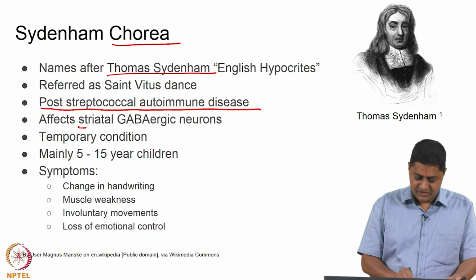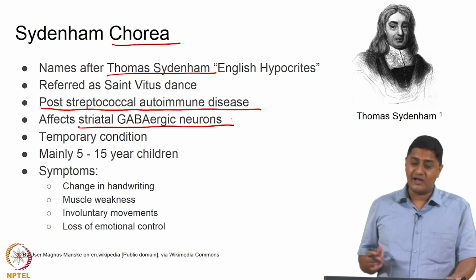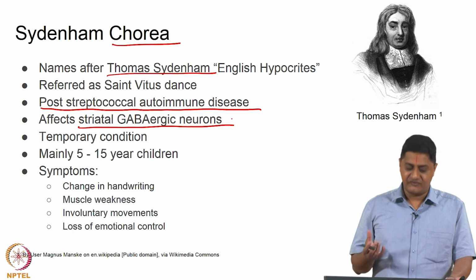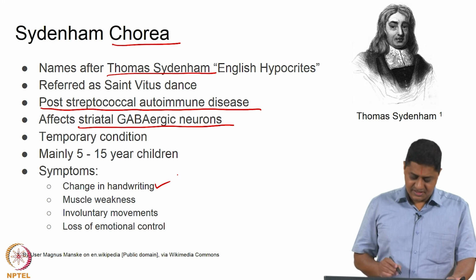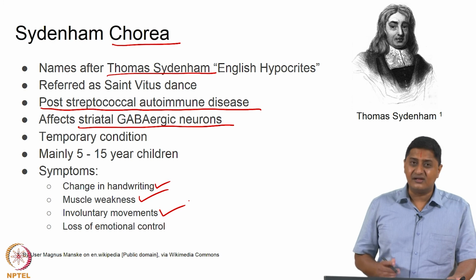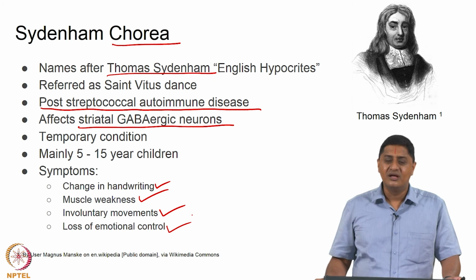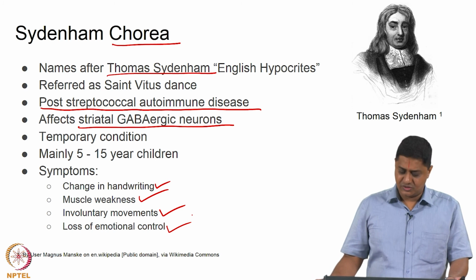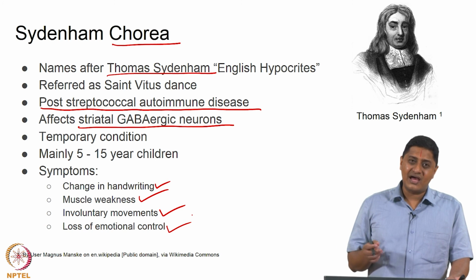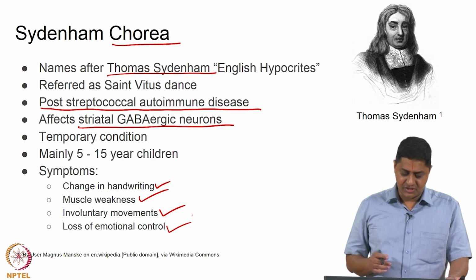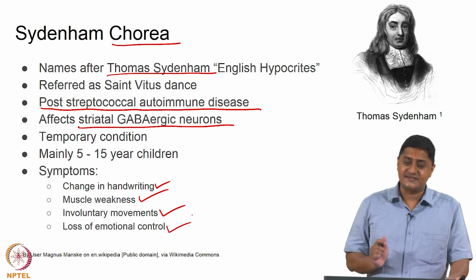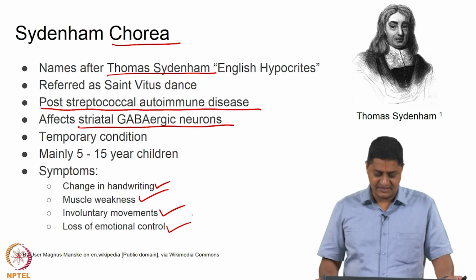It affects striatal GABAergic neurons, and happens between the age of 5 and 15 years. What are the symptoms? Changes in handwriting, muscle weakness and unwanted or involuntary movements. Unfortunately, this is also accompanied by frequent loss of emotional control as an after effect. After the person survives the streptococcal disease, the person gets this disease.